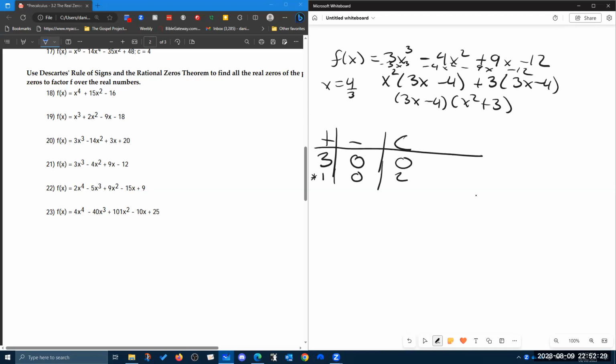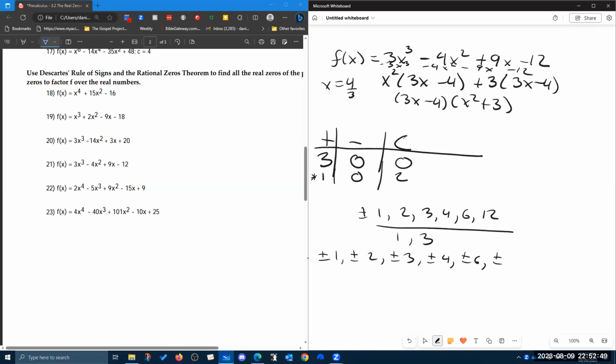These are going to be factors of 12 over factors of 3, which is plus or minus 1, plus or minus 2, plus or minus 3, plus or minus 4, plus or minus 6, plus or minus 12, plus or minus 1/3, plus or minus 2/3, 3/3 is 1, plus or minus 4/3, 6/3 is 2, 12/3 is 4.